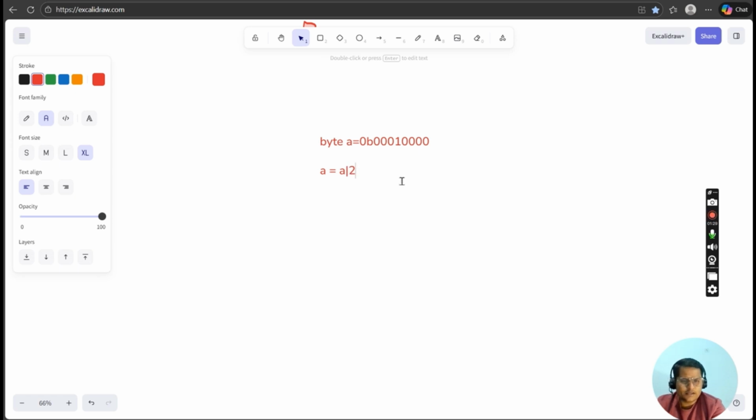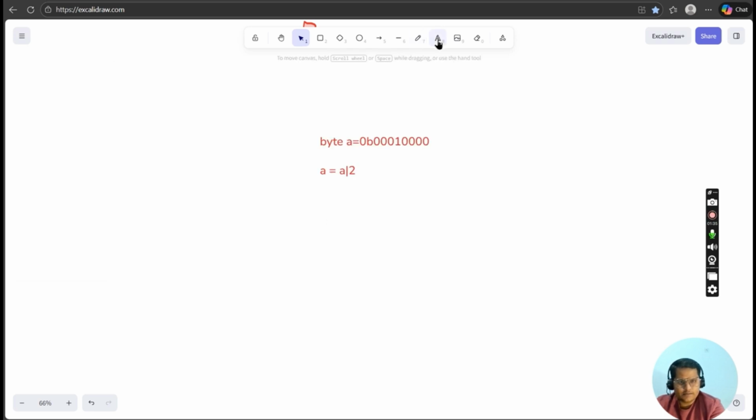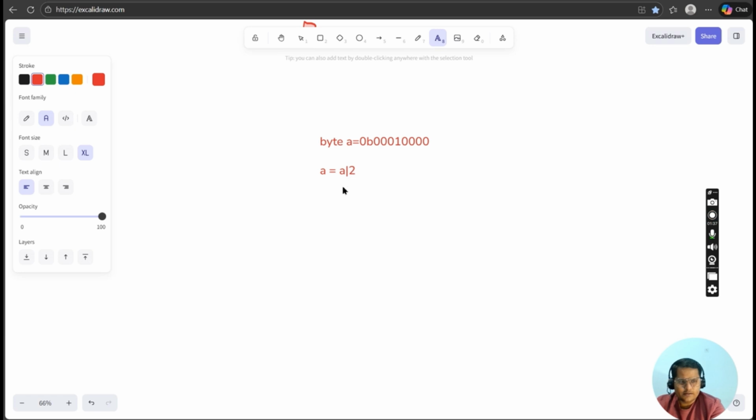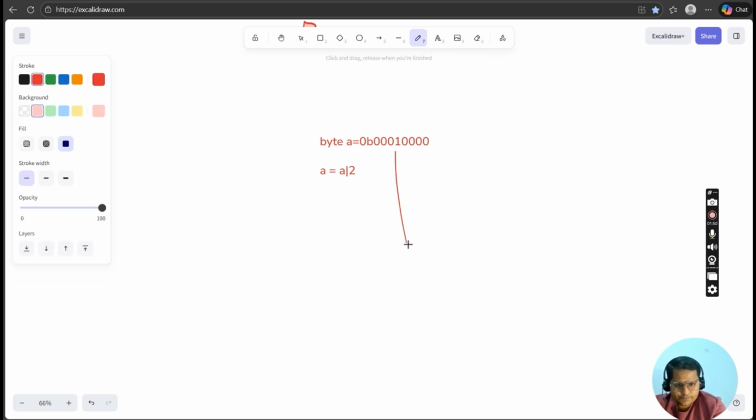In binary it will be 1 0, right? So if I'm doing this, what will be the updated value of A? Let me explain that. A equal to A OR with 2, right? So let me break this down. Over here, what will happen?